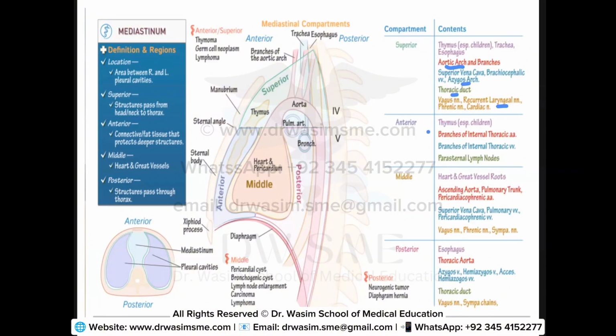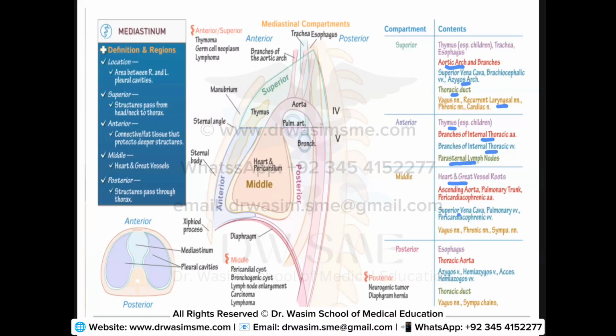In the anterior mediastinum, the structure is the thymus, the blood vessel is the internal thoracic artery, the vein is the internal thoracic vein, and we have the parasternal lymph nodes. Whereas in the middle, the structure is the heart with its great blood vessels: ascending aorta, pulmonary trunk, and the pericardiophrenic artery.